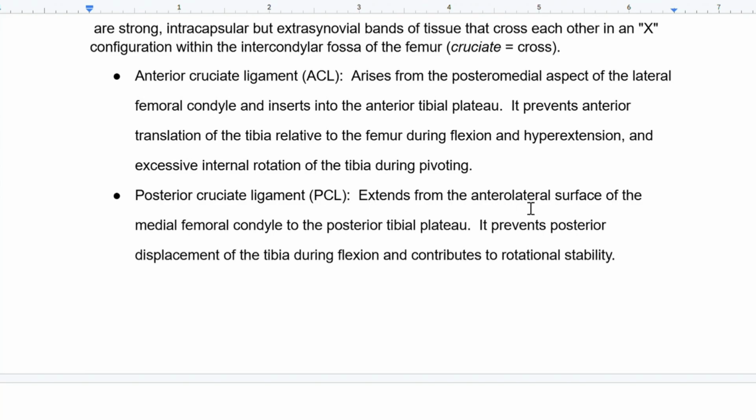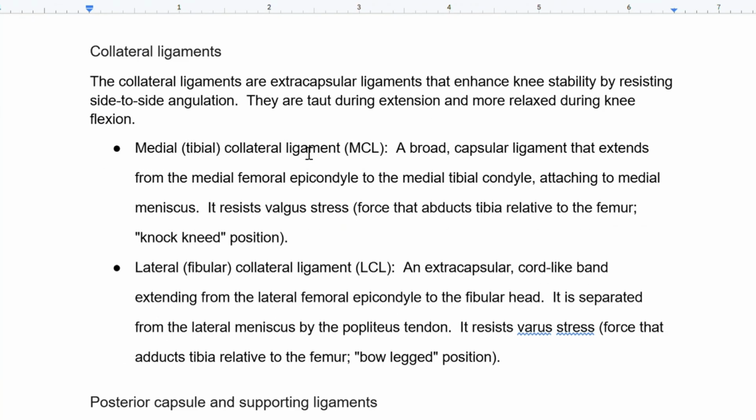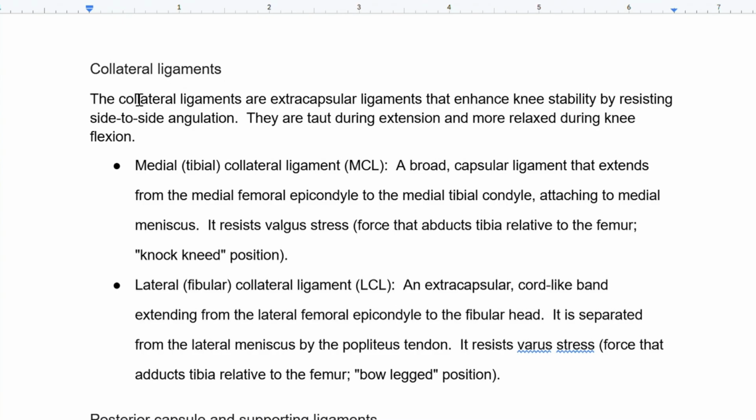This extends from the anterolateral surface of the medial femoral condyle to the posterior tibial plateau. It prevents posterior displacement of the tibia during flexion and contributes to rotational stability. Then there are the collateral ligaments. The collateral ligaments are extracapsular ligaments that enhance knee stability by resisting side-to-side angulation.